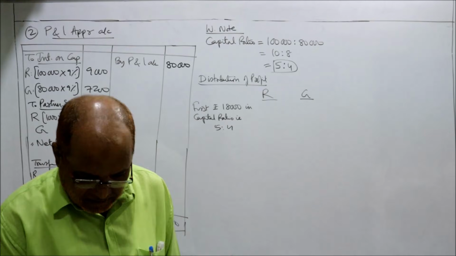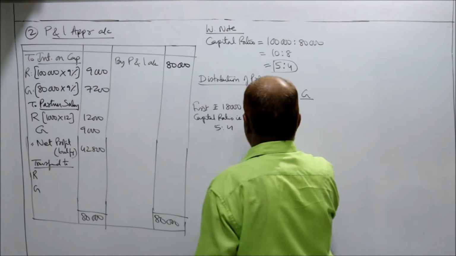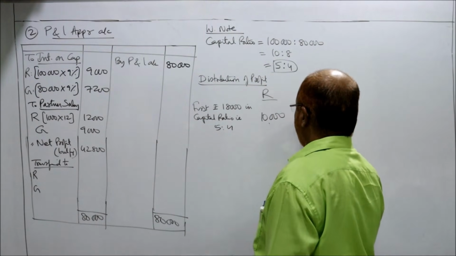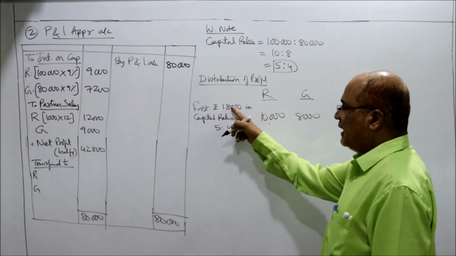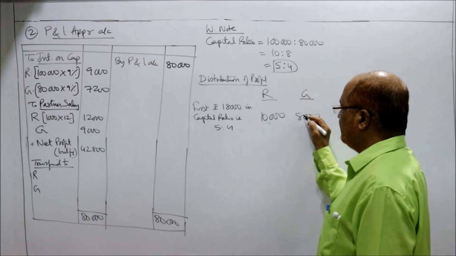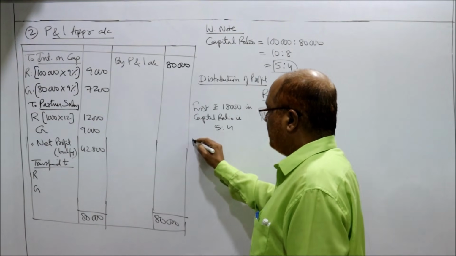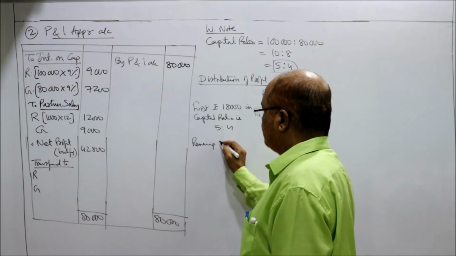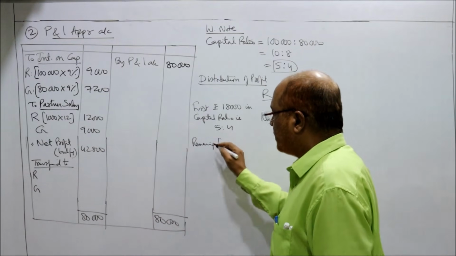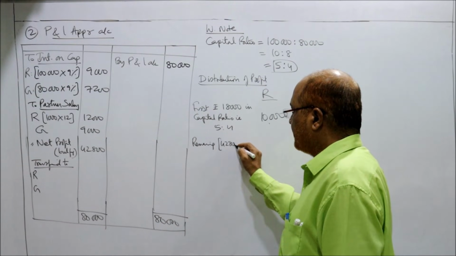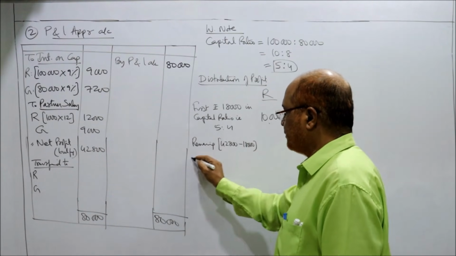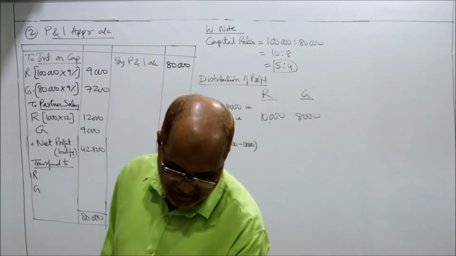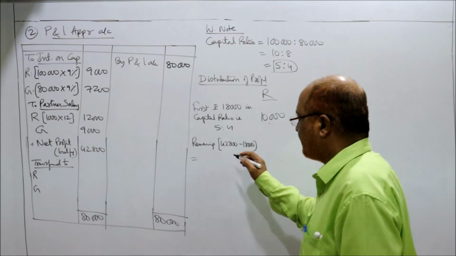We will divide in the ratio 5:4, 10,000 and 8,000. 18,000 into 5 by 9, then 18,000 into 4 by 9, we get 10,000, 8,000. Remaining: so total profit actually we got 42,800. From 42,800 minus 18,000, 24,800.